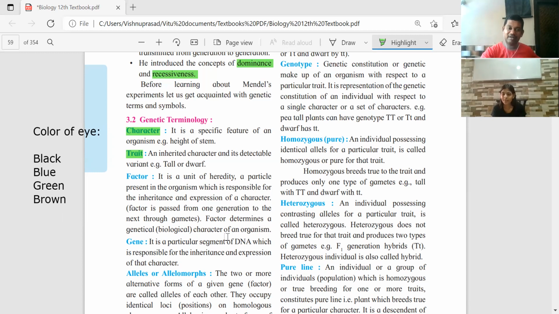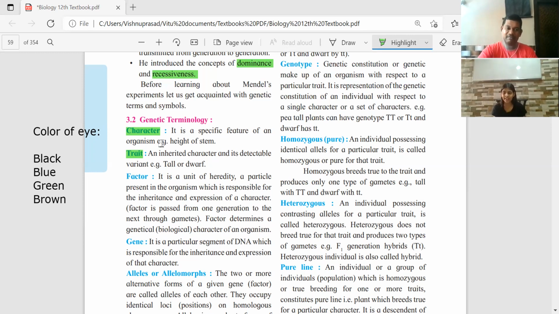Getting it? Height of an individual: a person can be tall or dwarf. Genetically, they won't change throughout life. But sometimes in some characters, in some organisms, environment also plays a role. Environment can play a role, and the trait can change. But that is not by the genes.